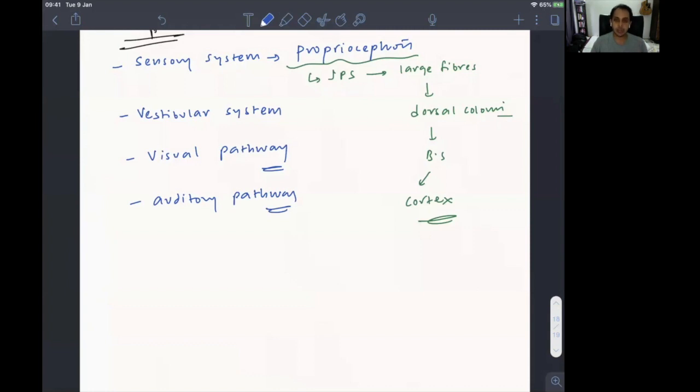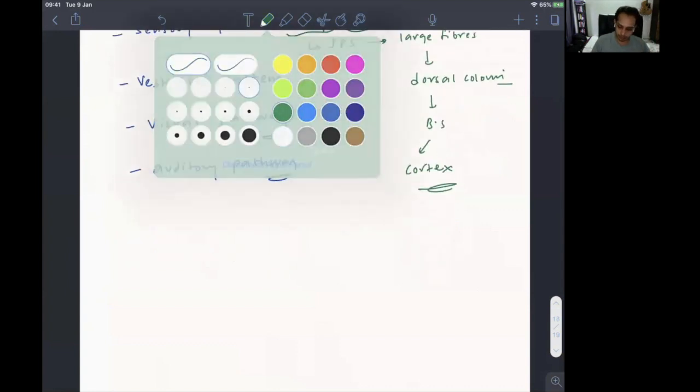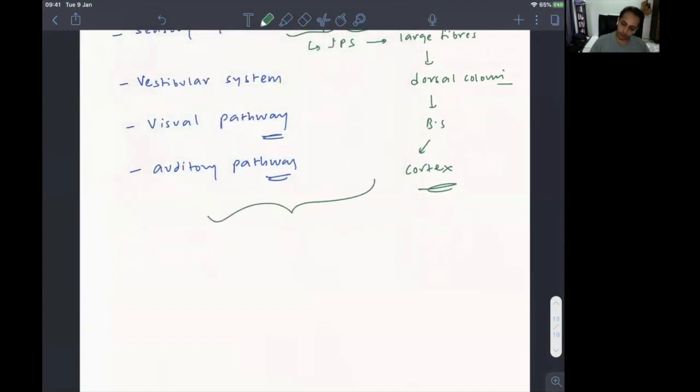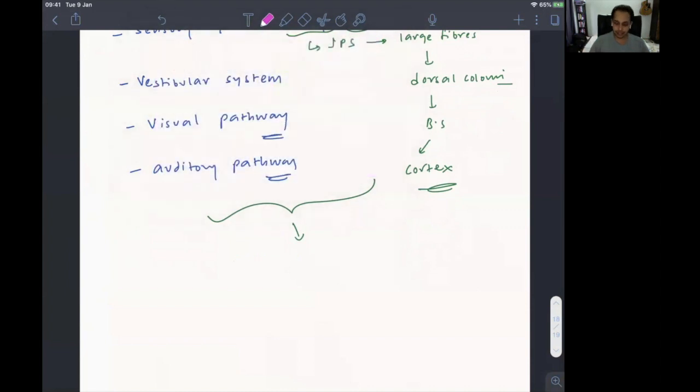Auditory and visual will give us information about the world around us, and vestibular and proprioception will give us information about your own body. All of these put together will enter the brain, and then your brain can make the decision of whether or not to walk and where to walk.